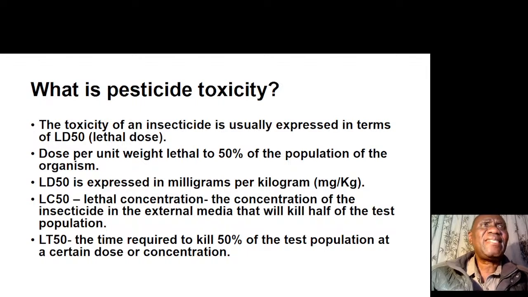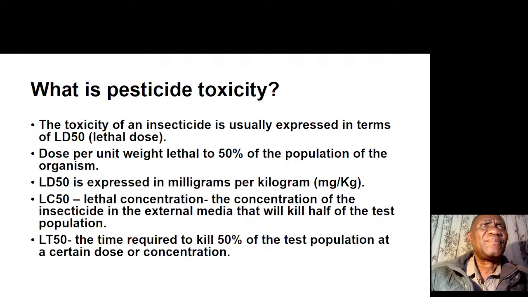The toxicity of an insecticide, for example, is usually expressed in terms of LD50 or lethal dose. We do this to any pesticide. So the dose per unit weight lethal to 50% of the population of the organism is known as the LD50.